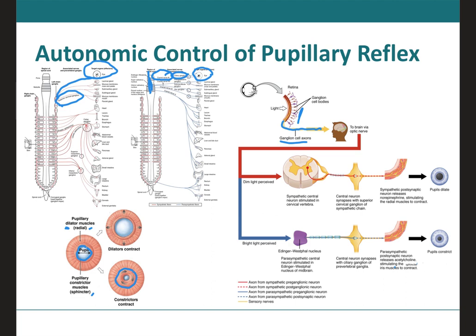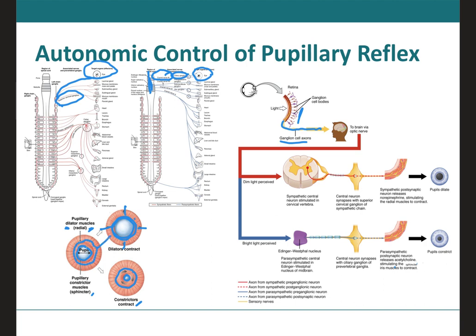Once it contracts, it will constrict and diminish the opening of the pupil. The dilator, which is the radial muscle, will pull the iris outward, and therefore it will dilate your eye, and it will increase the size of the pupil, as we can see from this image right over here compared to the original image.